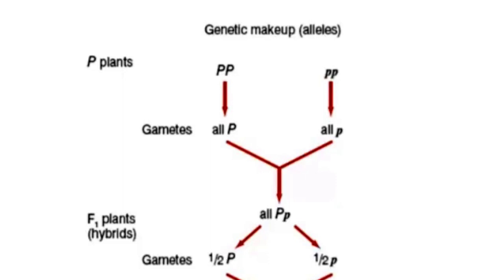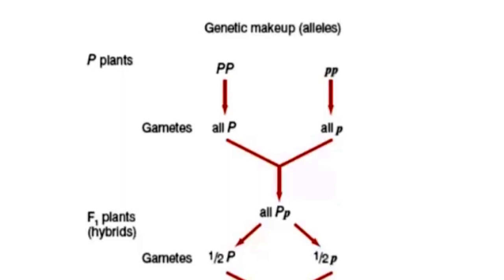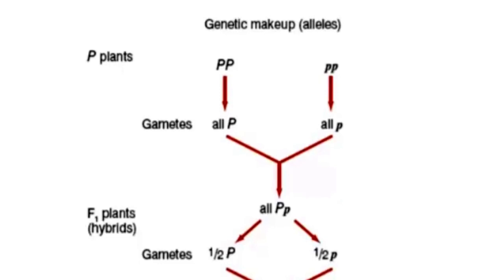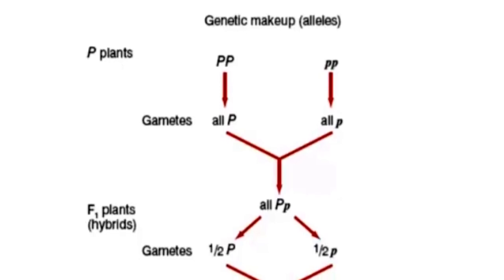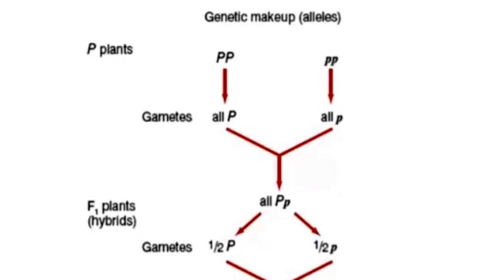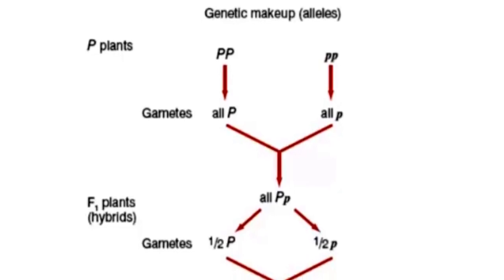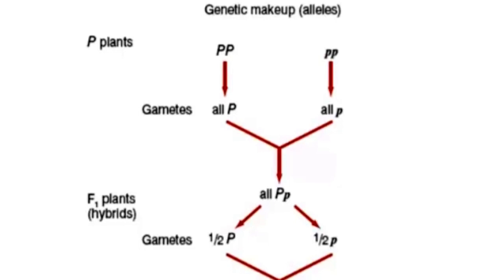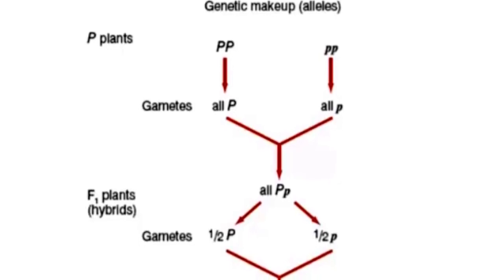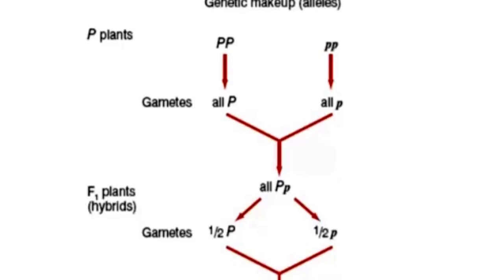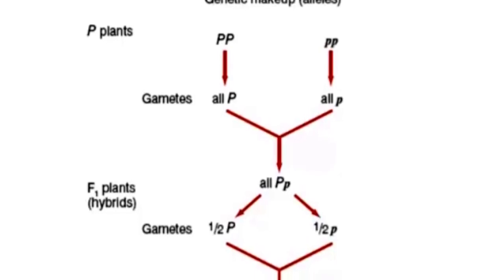The F1 generation would be all Pp, that is 1 uppercase and 1 lowercase, 1 capital, 1 small. When we cross the F1 generation with each other, the gametes would be capital P and small p. And you can check the result of the F2 generation, crossing Pp with Pp, capital P, small p.